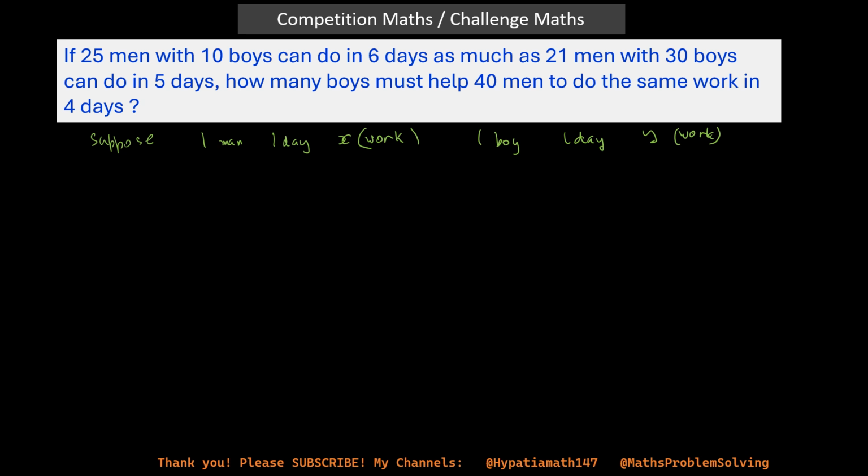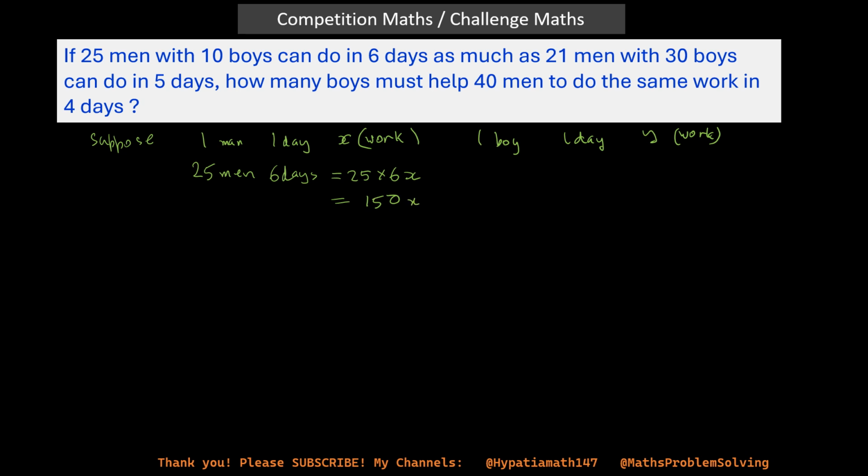So 25 men, one man in one day does X work, so 25 men in 6 days will do 25 times 6x, that equals 150x work.